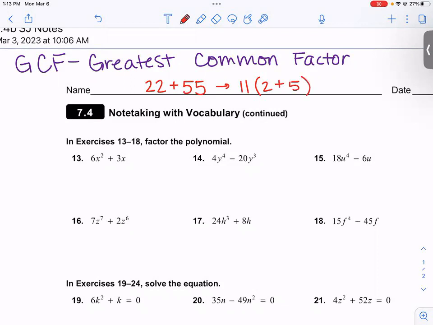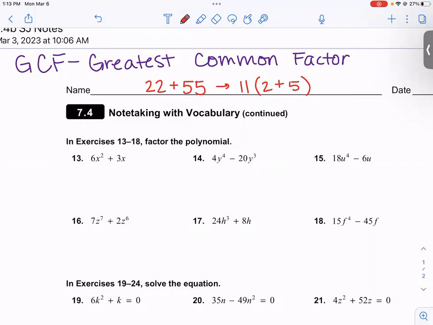Because if I were to distribute, 11 times 2 is 22, and 11 times 5 is 55. 22 plus 55 is 77. 2 plus 5 is 7, times 11 is also 77. They mean the same thing, they just look different.